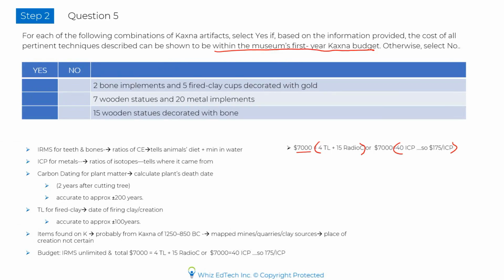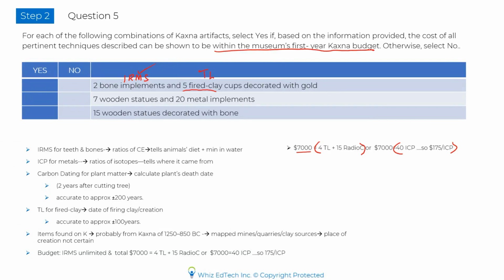Let's see. 2 bone implements. Now, bone implements implies IRMS, which is absolutely unlimited. So we don't have to worry about this. This is anyways fine. 5 fired clay cups. It is decorated with gold. So basically, we need 5 TL tests.